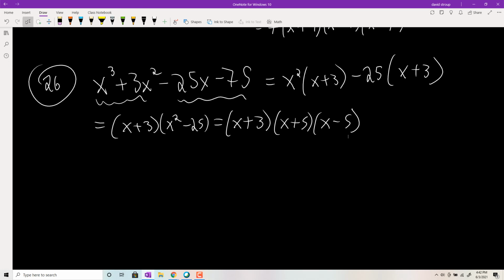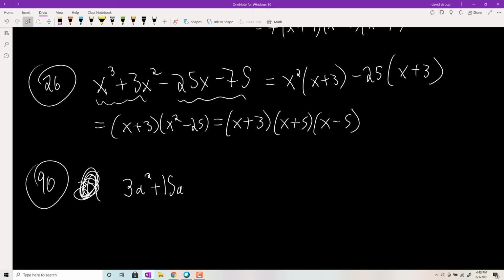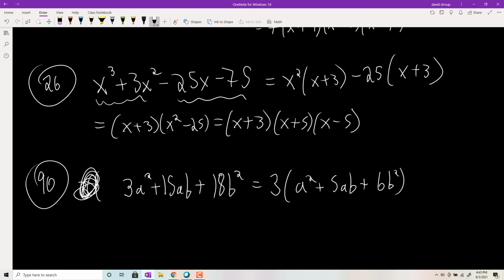Et cetera, et cetera. Okay, let's look at one that has multiple variables. So, oops, I suddenly got ahead of myself. 3a squared plus 15ab plus 18b squared. Okay, let's say you got a GCF of 3. Then I'm left with a squared plus 5ab plus 6b squared.